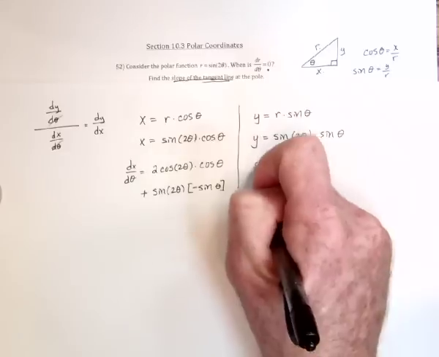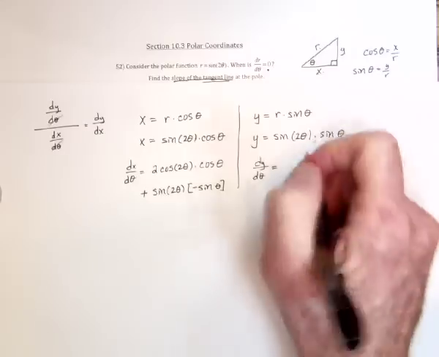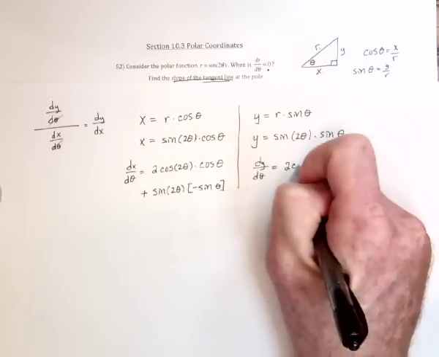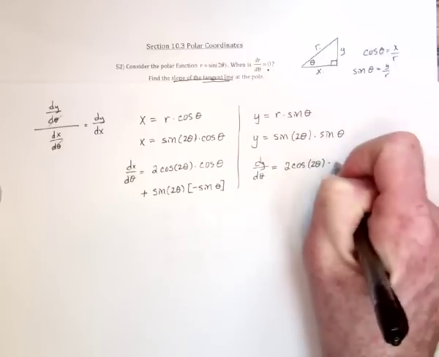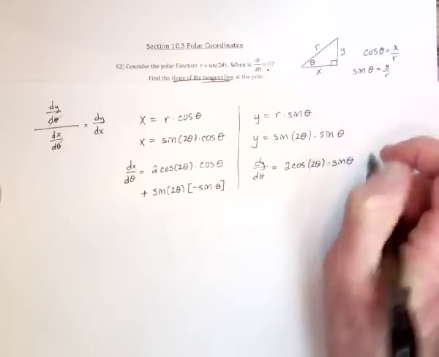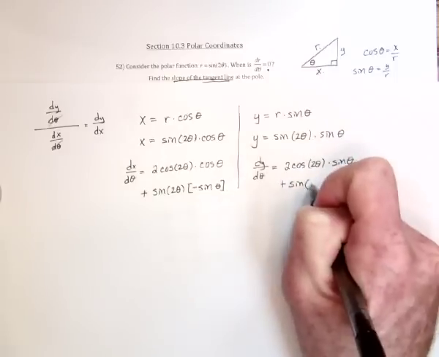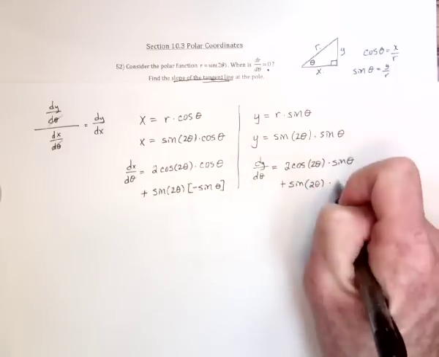And then for the derivative of y with respect to theta, the derivative of sine is cosine, and you need to take the derivative of the inside, so 2 cosine of 2 theta with the sine left alone, and then plus, leave sine of 2 theta alone, and then the derivative of this sine is cosine.